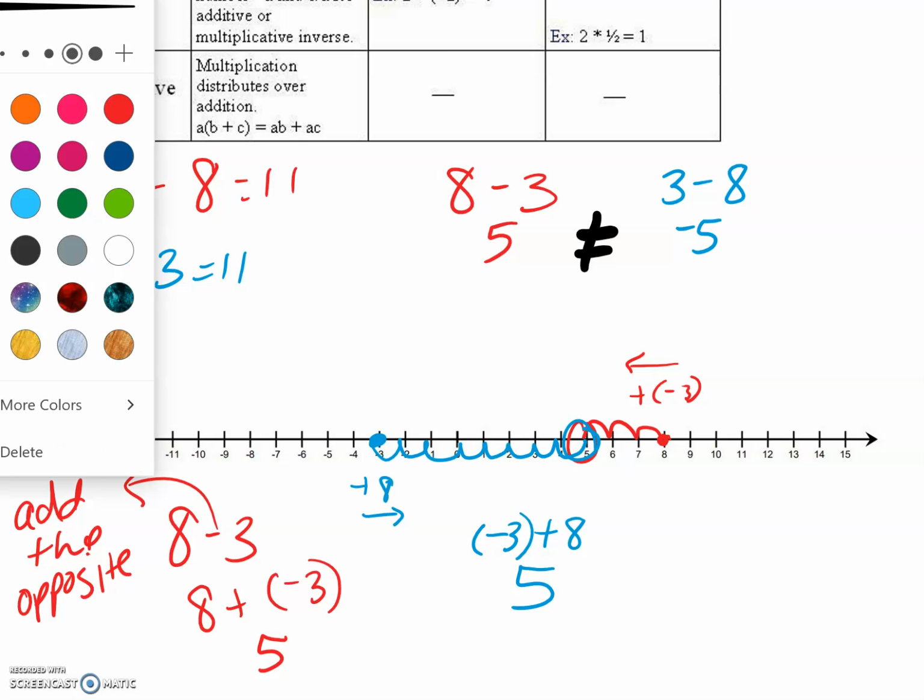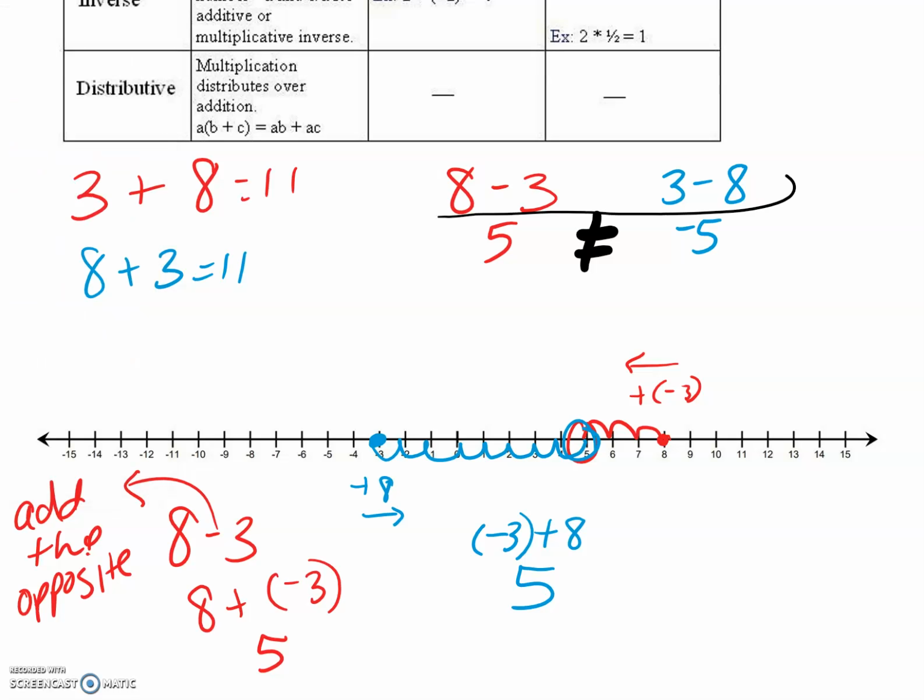Because I have students who think that these problems are the same without ever answering them. And they're not. And I noticed on some of your work that you turned in from our second assignment, where we rewrote subtraction problems as addition problems, this is what you essentially did.